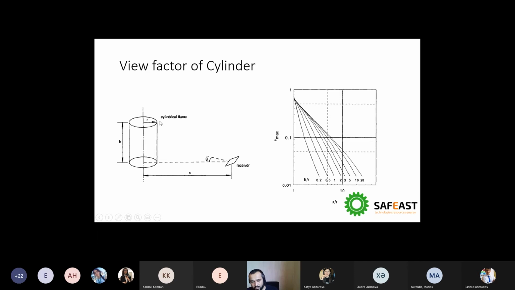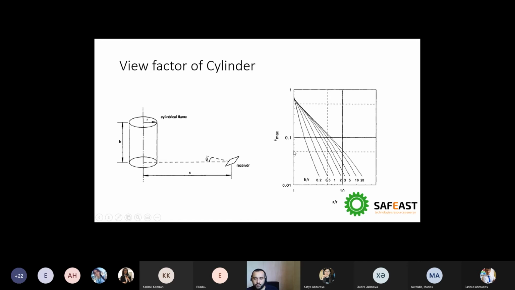You need to calculate the radius of the flame, and based on these ratios, let's say your distance to radius is 10 and your height to radius is 2. Basically you cross these two figures in the table and identify your view factor. Let's say it's somewhere here, and you identify that it's 0.04.